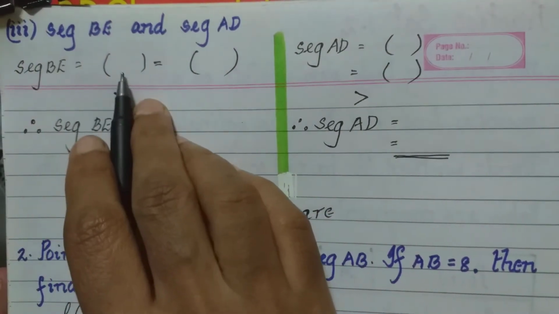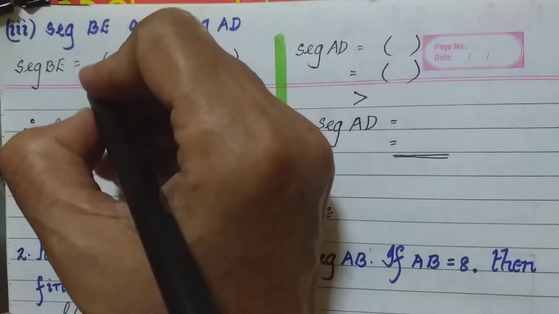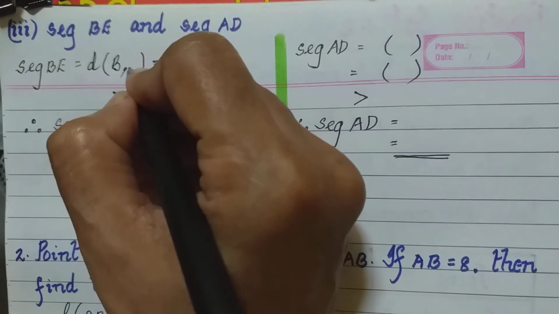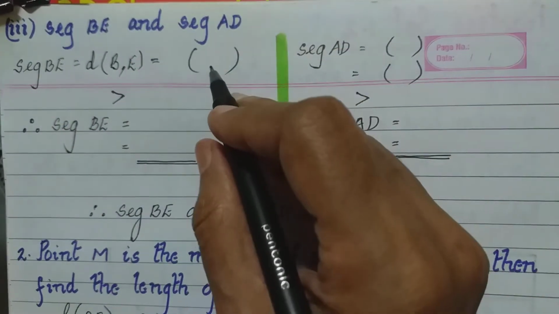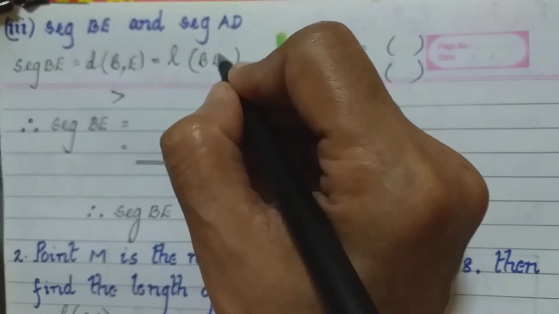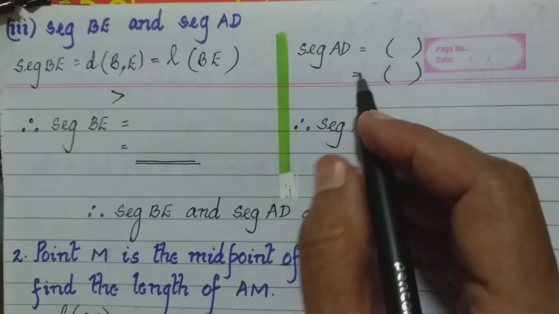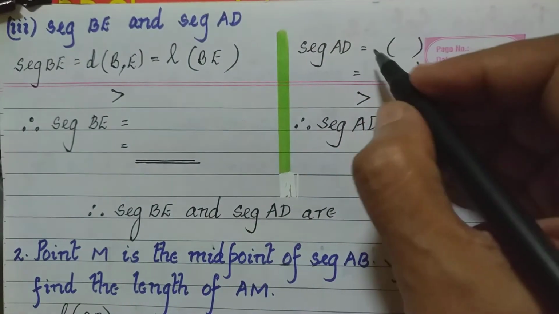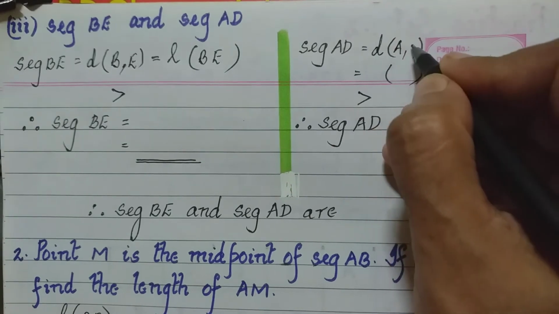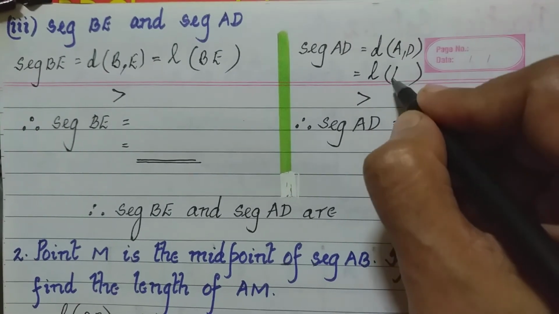Third sub-question, segment BE and segment AD. Segment BE is the same as finding the distance between the points B and E, which is the same as the length of BE. Same thing we would write for segment AD also. Segment AD is the same as finding the distance between the points A and D, which is the length of AD.